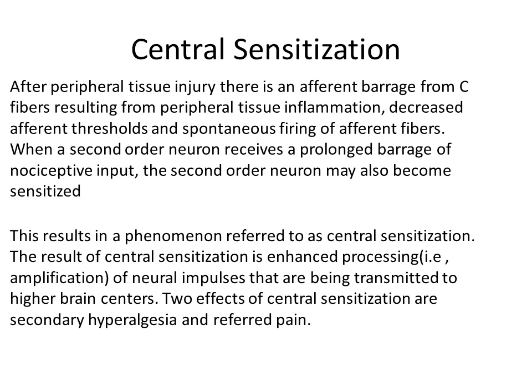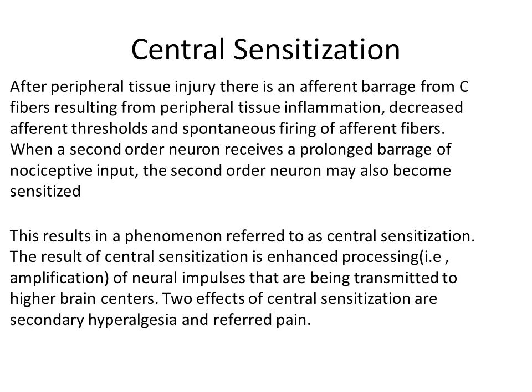So it's a cycle. For the central sensitization after peripheral tissue injury, there is an afferent barrage from C fibers resulting from peripheral tissue inflammation. This will decrease the threshold and cause spontaneous firing of the afferent fibers. There will be stimulation of these fibers. So that was the first order. The second order neurons will receive this prolonged barrage of nociceptive input.